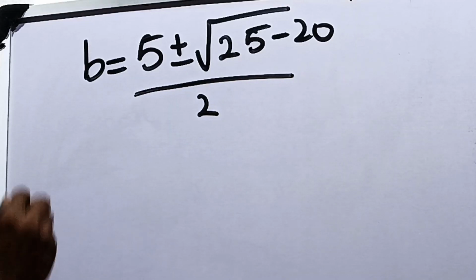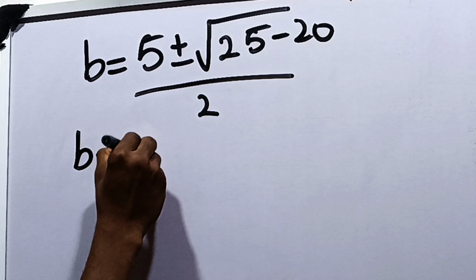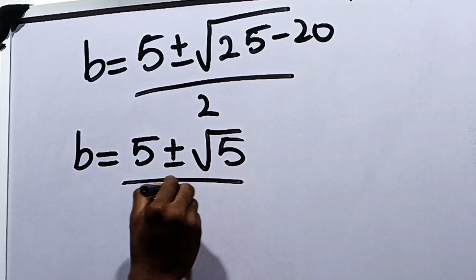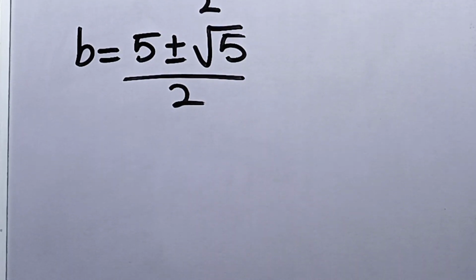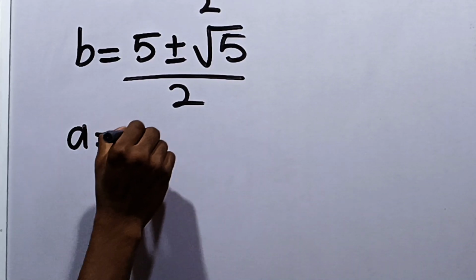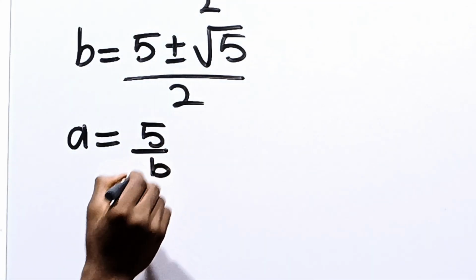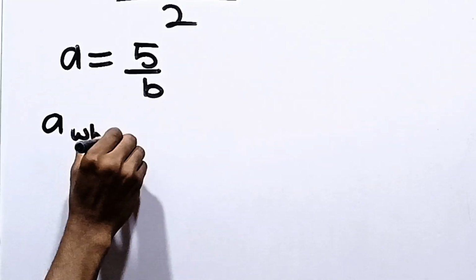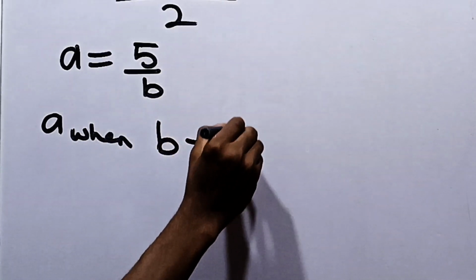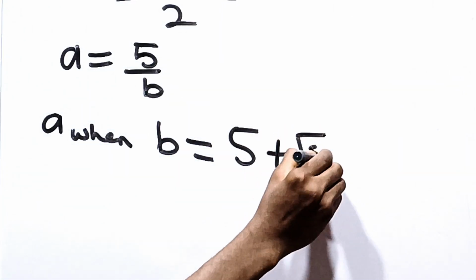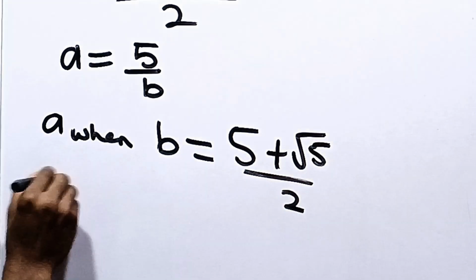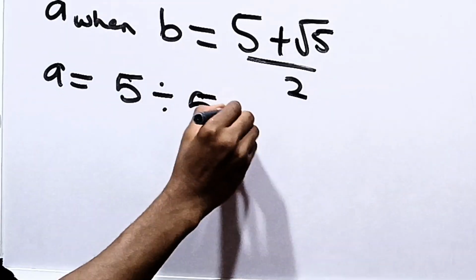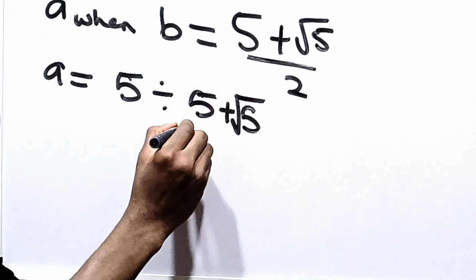Moving on from here, we now have that B will be equal to 5 plus or minus root of 5 divided by 2. But recall that A is equal to 5 over B. Now, from here we can say that when B is equal to 5 plus root 5 over 2, our A will be equal to 5 divided by 5 plus root of 5 all over 2.